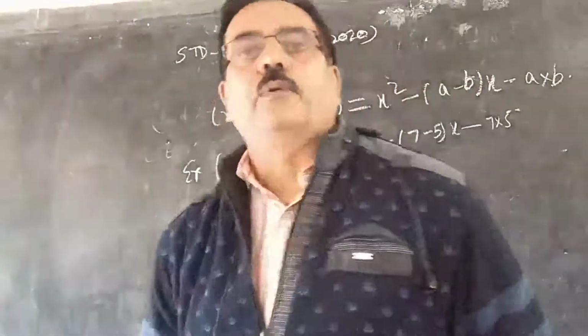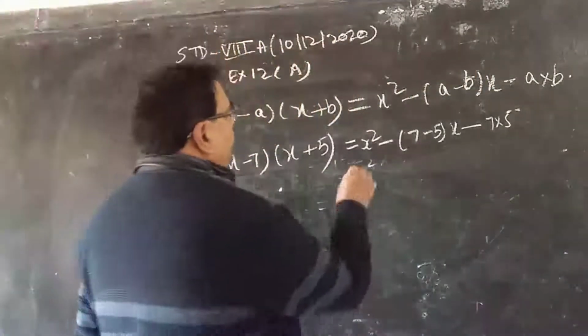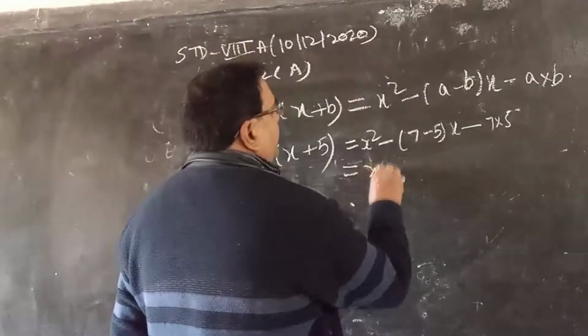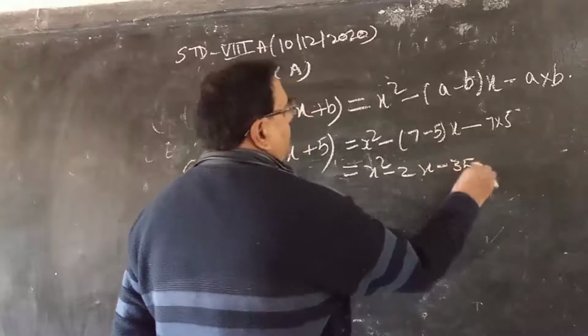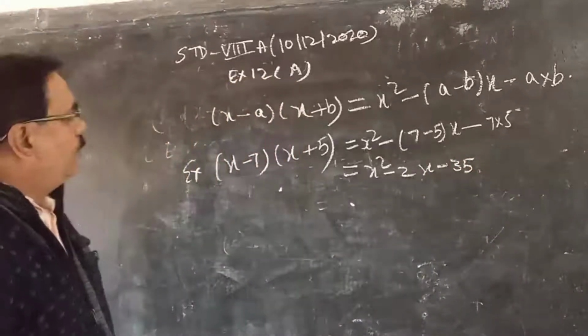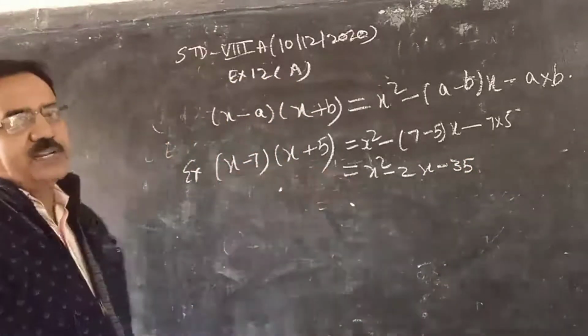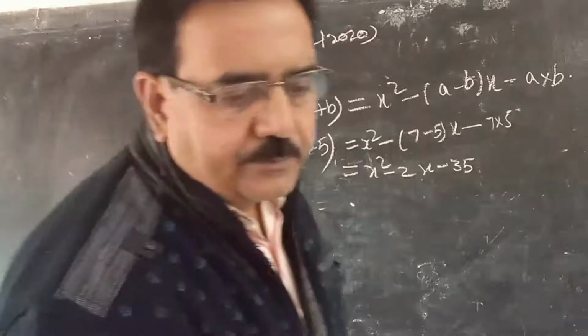Right? What is the result? The result is x² - 2x - 35. This is the result. When you multiply, use the multiplication rule, you will get the same result.